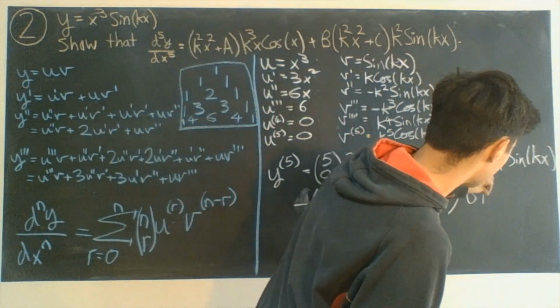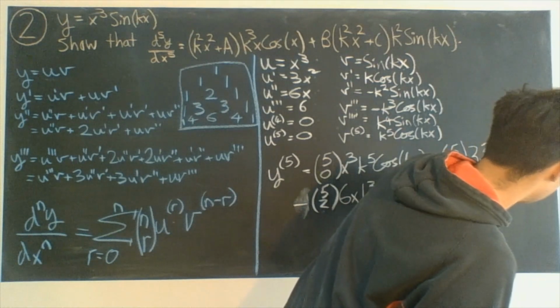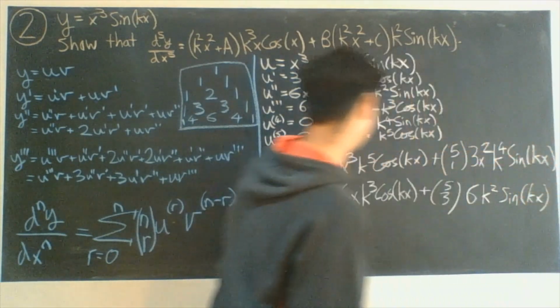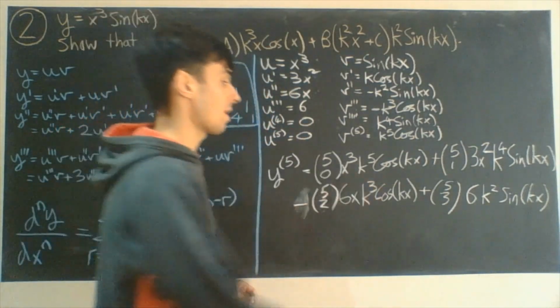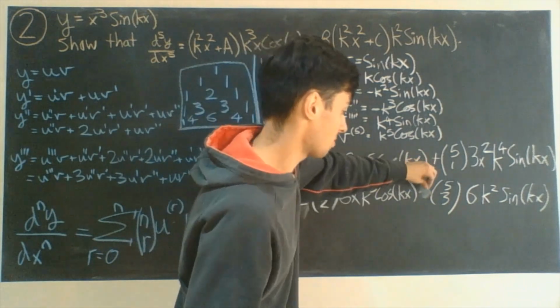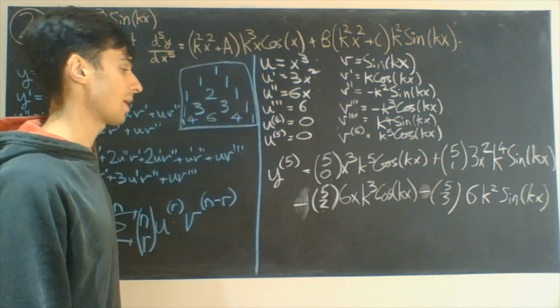So let's add k squared sine kx. And because it was a minus, again, we need to get rid of this plus sign here and make sure it's a minus. Okay, just 2 more terms to worry about then.